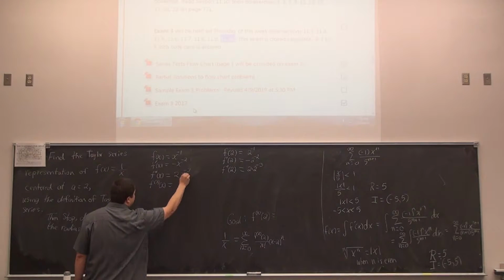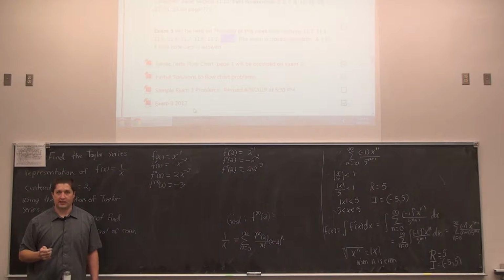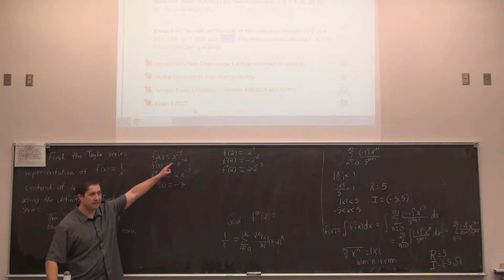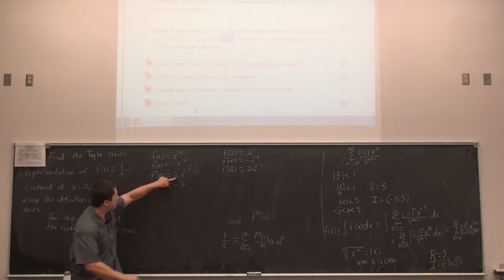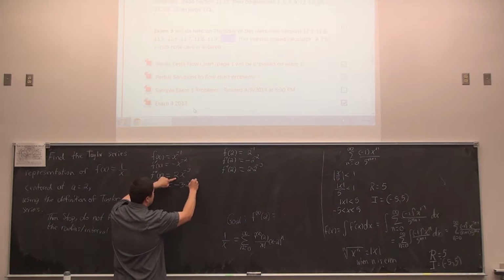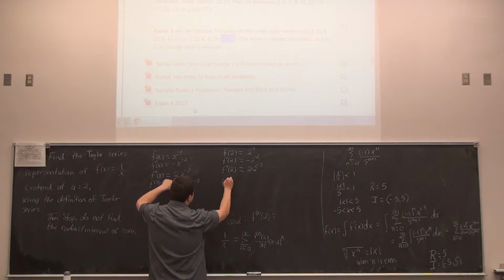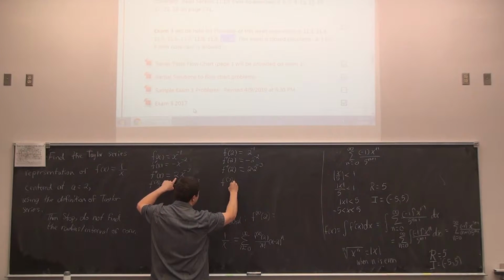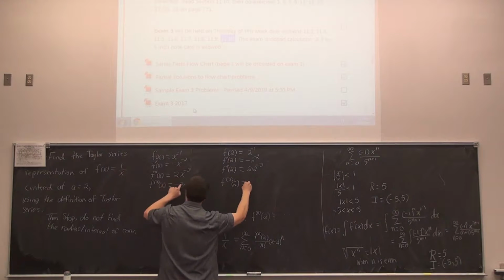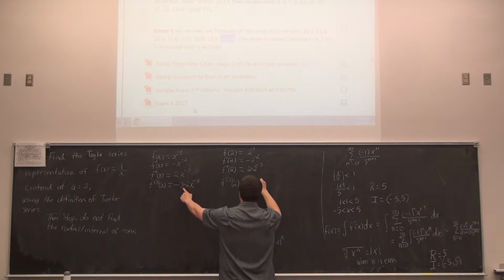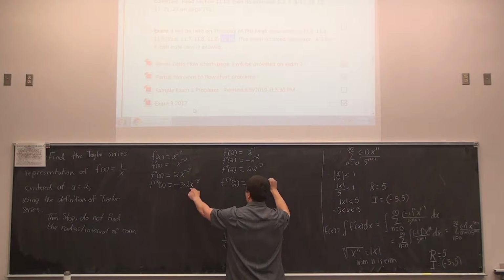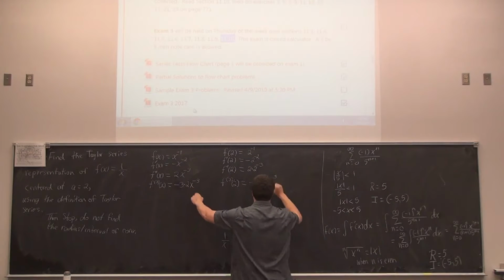This would be negative 3. Remember, we don't want to multiply things together, except negative signs, because that would get out of control if we didn't multiply those. So I have negative 3 times 2, x to the power of negative 3, which means the third derivative at 2 would be negative 3 times 2 times 2 to the power of negative 3.